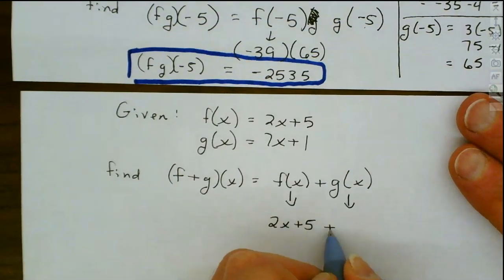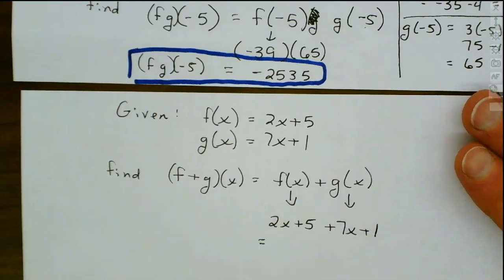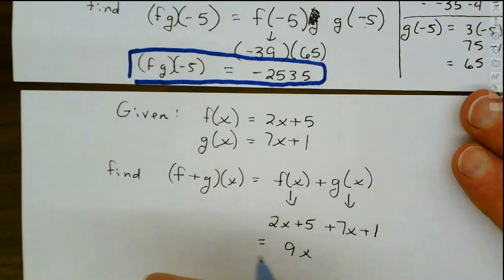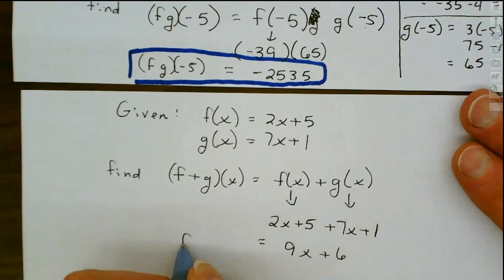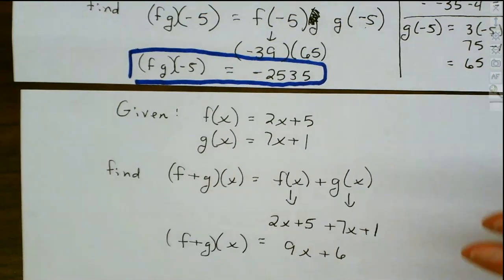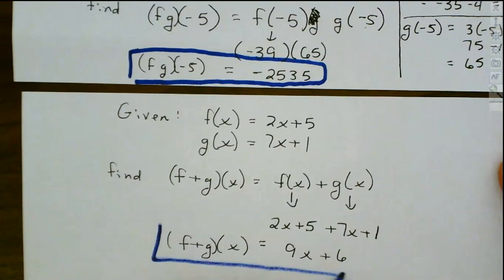G of x is 7x plus 1. All we have to do is add them together because they have the variable x. So we add them together. 2 and 7 makes it 9x. 5 and 1 makes it a plus 6. So that is f plus g of x. Variable in, variable out.